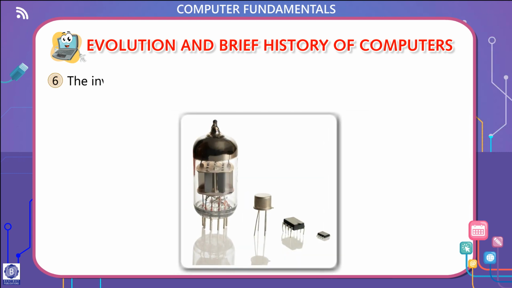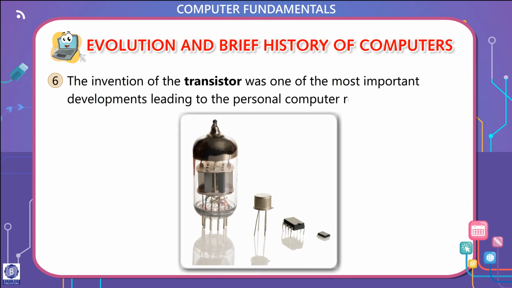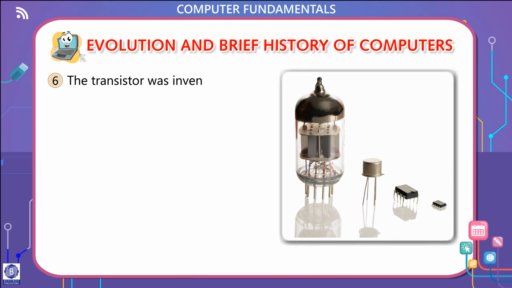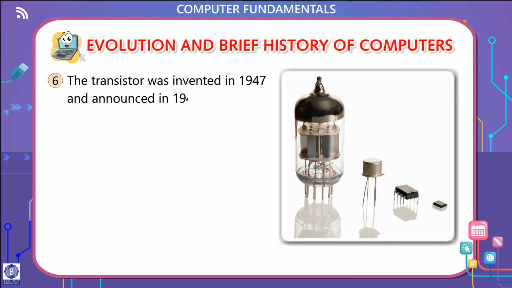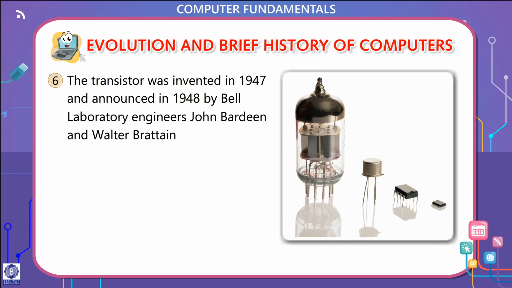Number 6. The invention of the transistor was one of the most important developments leading to the personal computer revolution. The transistor was invented in 1947 and announced in 1948 by Bell Laboratory engineers John Bardeen and Walter Brattain.